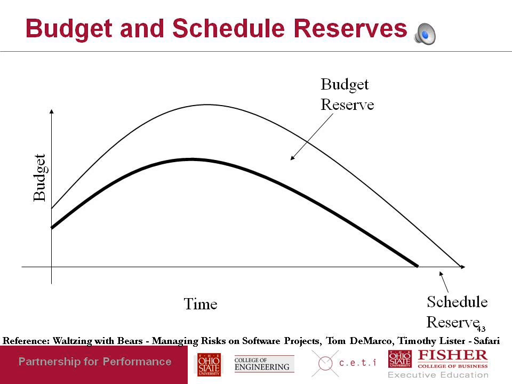If you have a curve that shows how much money is being spent over time, so time is the x-axis and money being spent is the y-axis, then you see a curve like the lower black curve. Then when you have a budget and a schedule reserve, you have the thinner higher curve, which basically says if you needed to, you could spend money at that rate and you could have some extra time to finish the project.